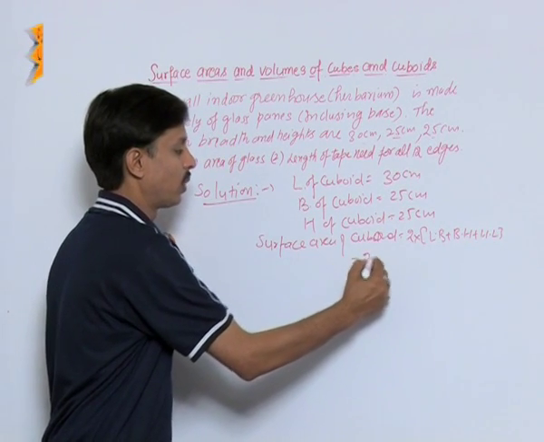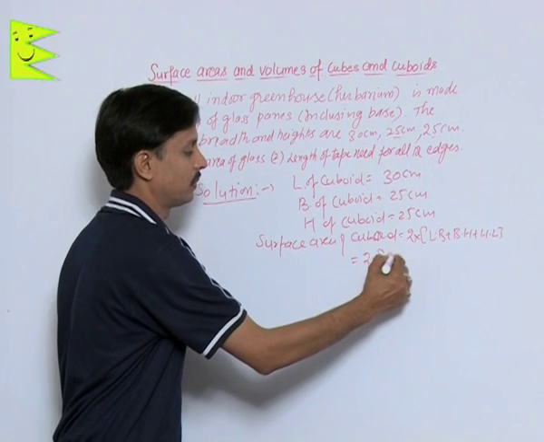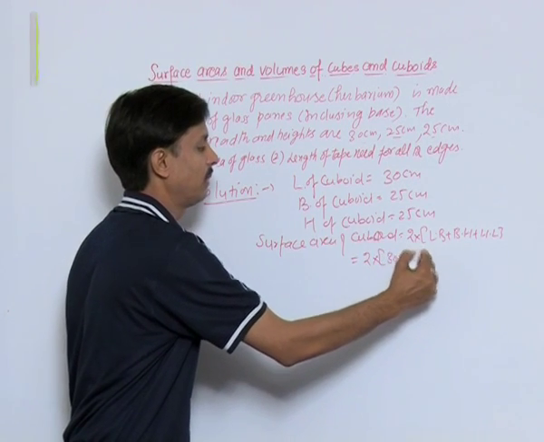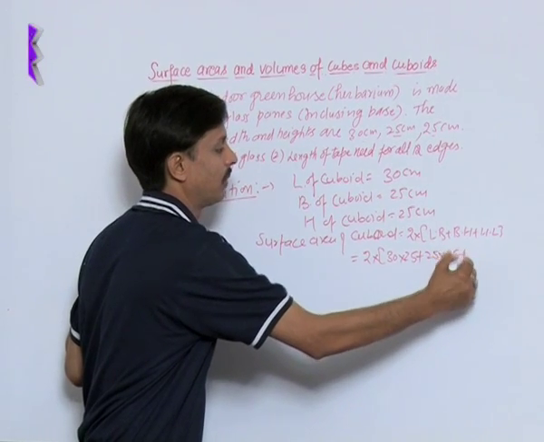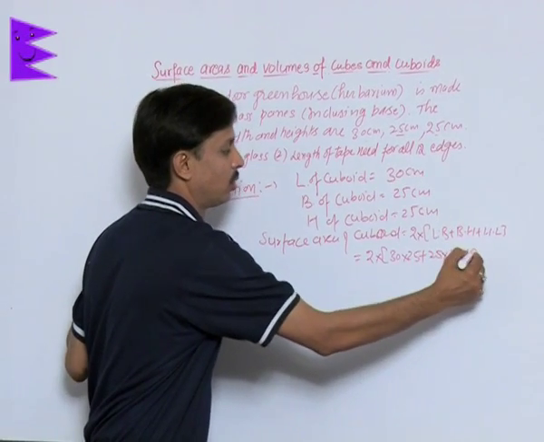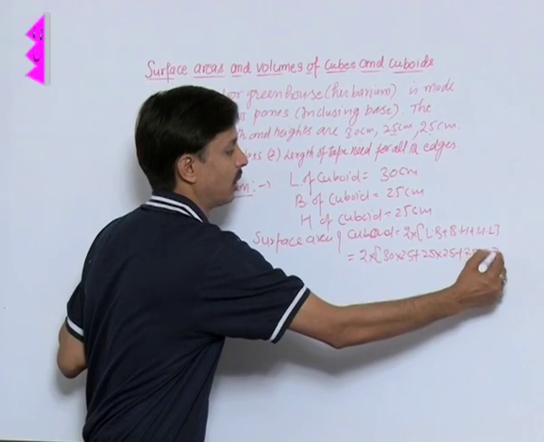So this becomes twice of length into breadth, 30 into 25, breadth into height, 25 into 25, height into length, 25 into 30.